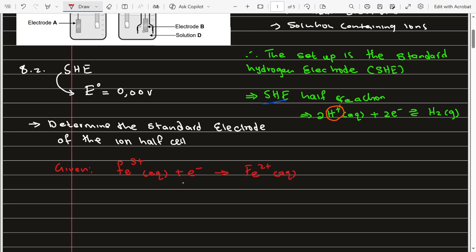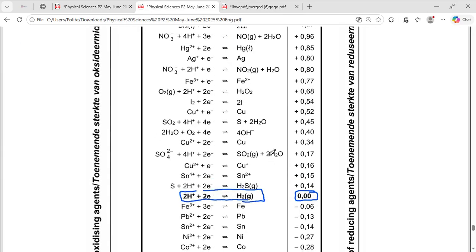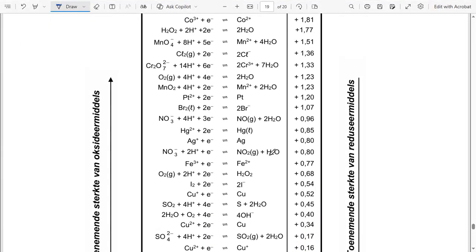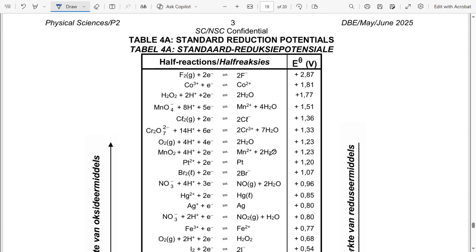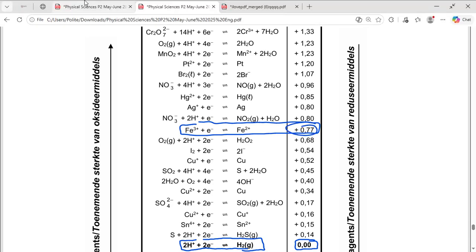So looking at this equation from the standard reduction potential table, I'm going to go to the standard reduction potential table and look for the Fe with the charge of 3, which is this one. So we can see that look at what we have there, 0.77.